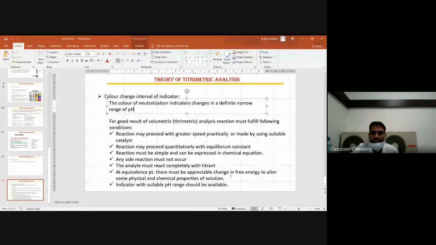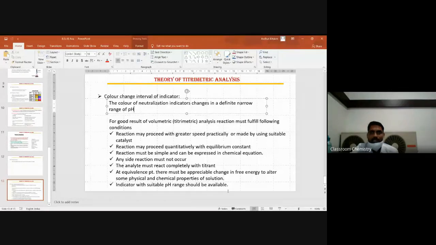If we reach the equivalence point, the reaction must be complete, like a neutralization point. And the last point is, an indicator with suitable pH range should be available.